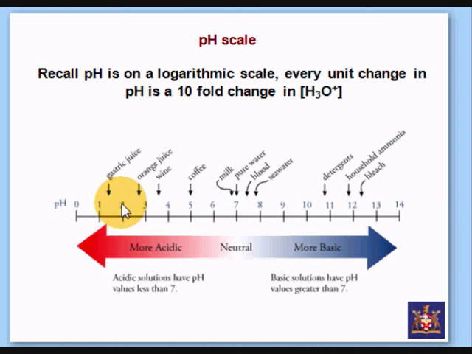Logarithmic means that we're working out the index. 2 is an index, 10 squared is 100. So this figure here is 100 times more than this, in concentration. That'd be the idea there, and keep going like that.